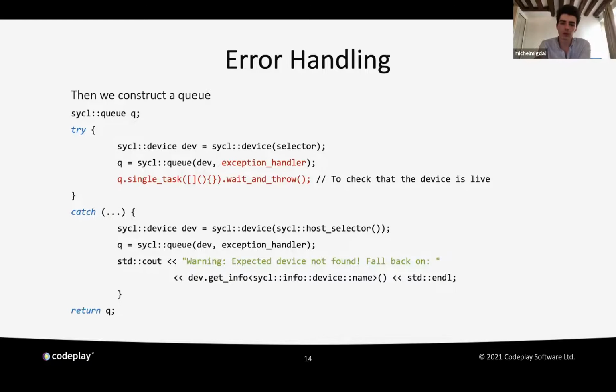A quick workaround is the red line here: you submit a dummy kernel and wait and throw. That way you will immediately see whether the device is really working or just appearing because you forgot to pass a flag, something like that.